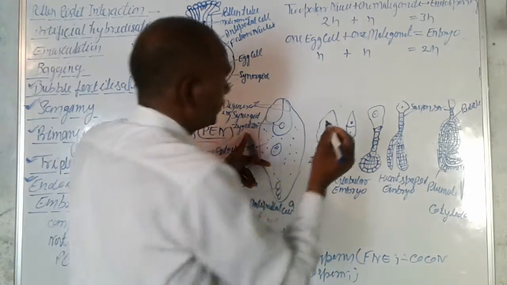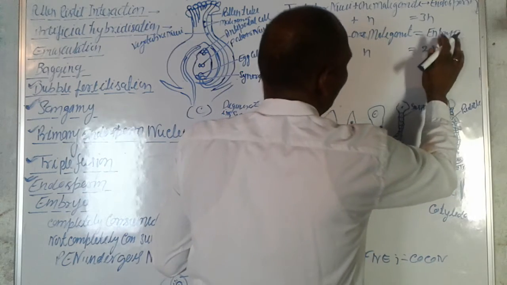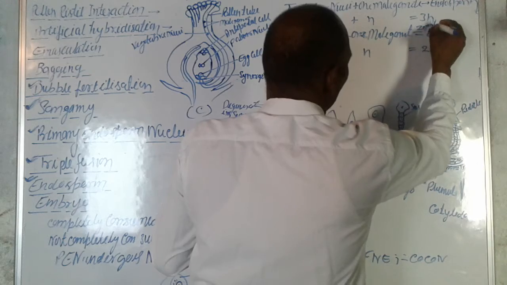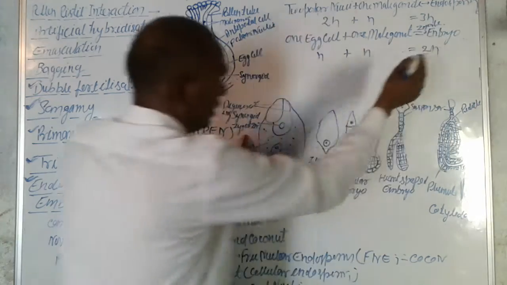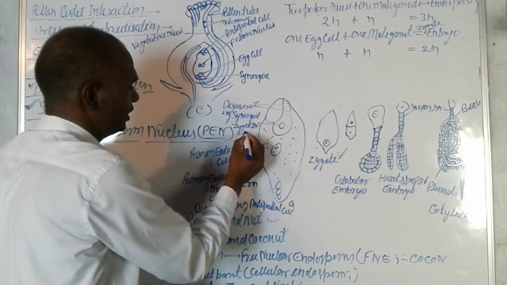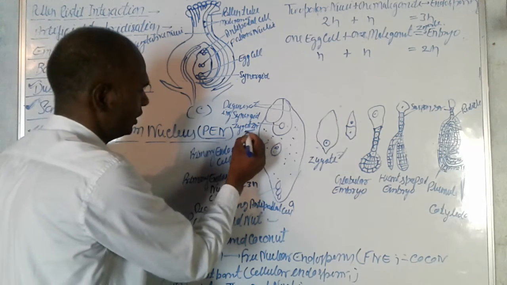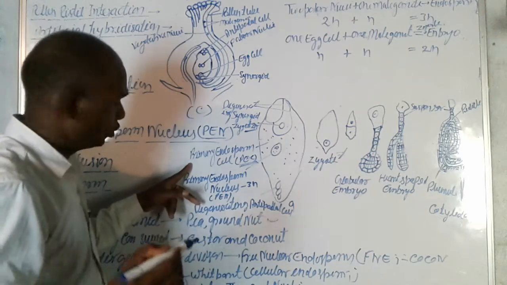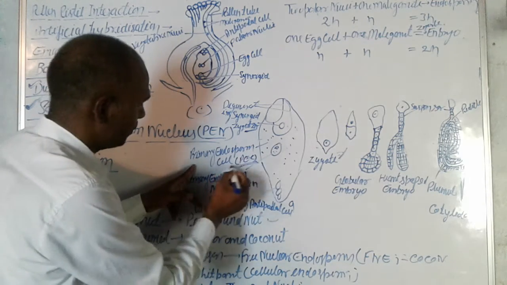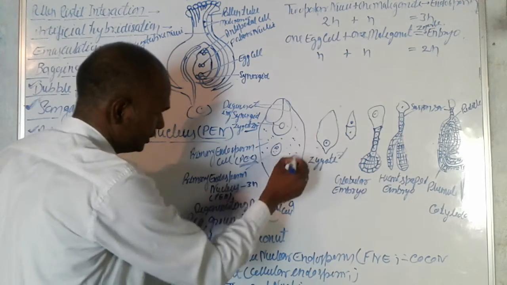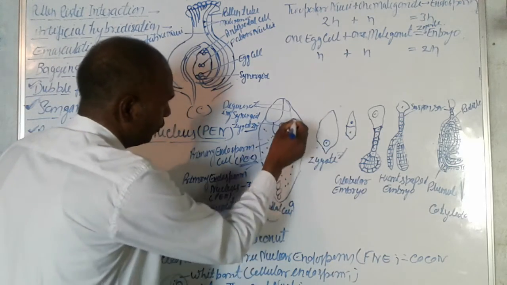The zygote converts into the embryo. So this is the zygote, 2n, and you also know about the primary endosperm cell, PES. This is the PES.